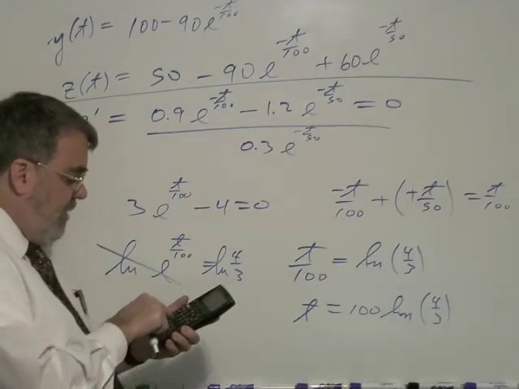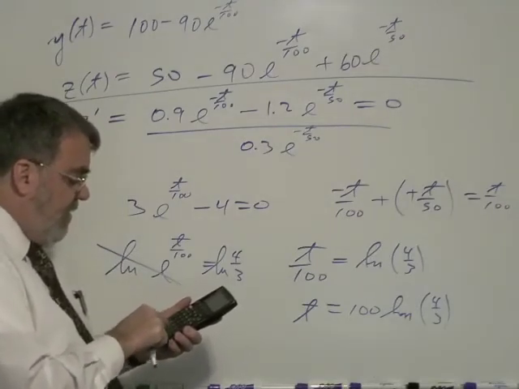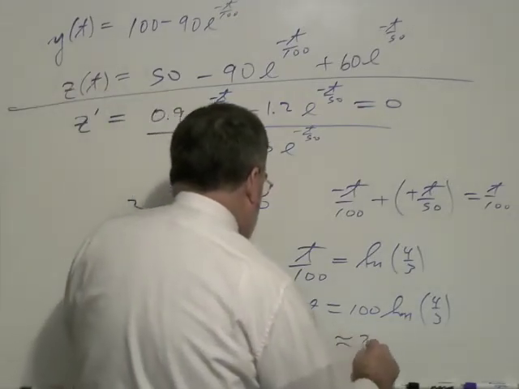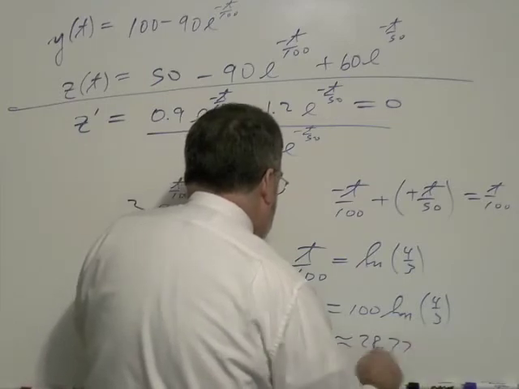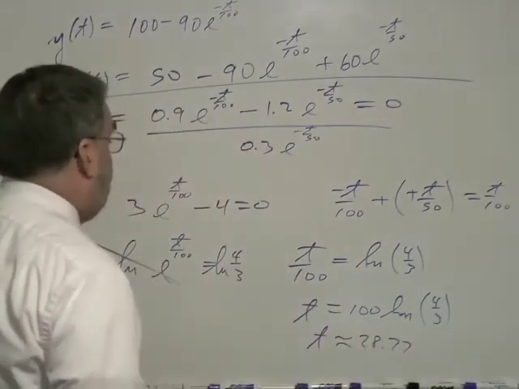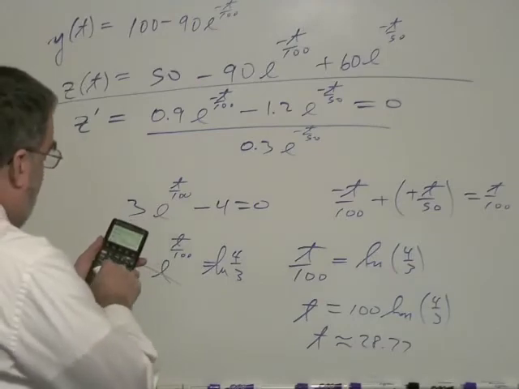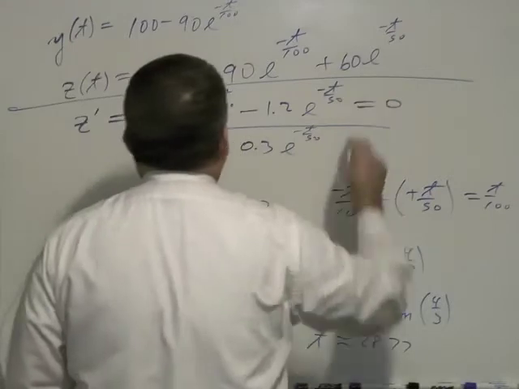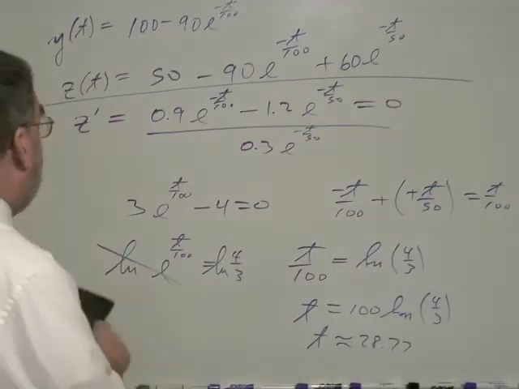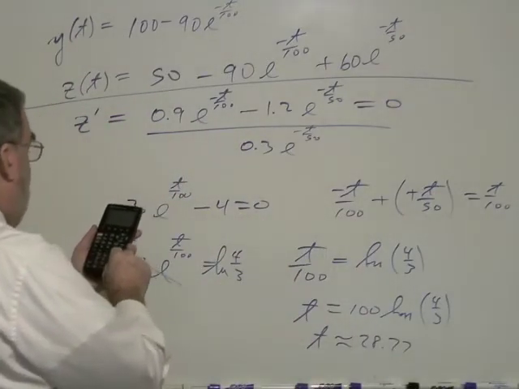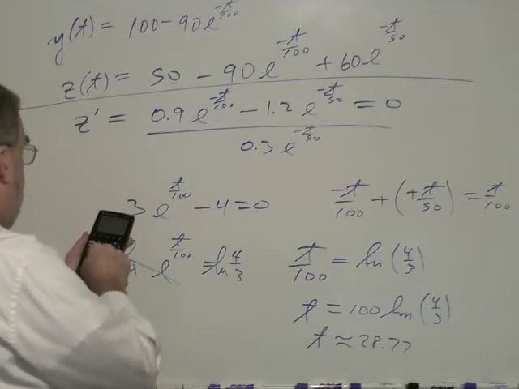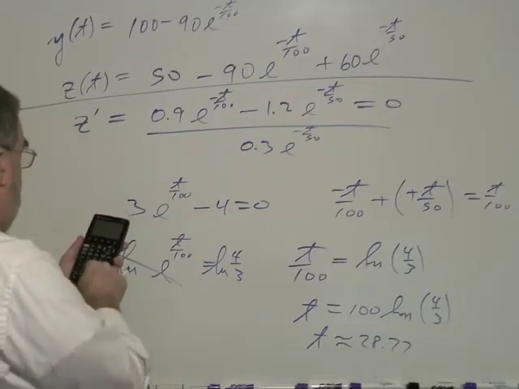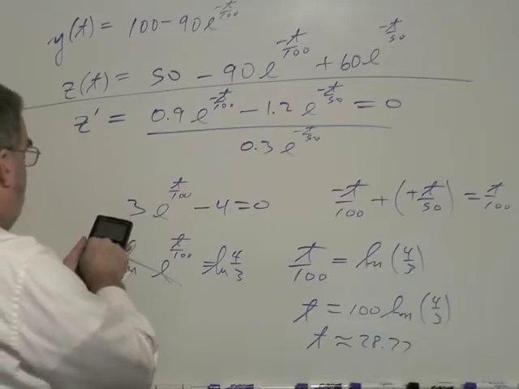So 100 natural log, parentheses, 4 divided by 3 is about 28.77. Okay, now I'm going to store that number in my calculator and plug it into the z function to determine the salt content. So I have 50 minus 90 e to the minus x divided by 100, plus 60 e to the minus x divided by 50.